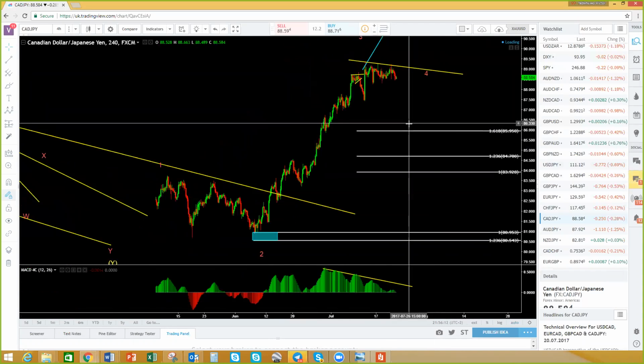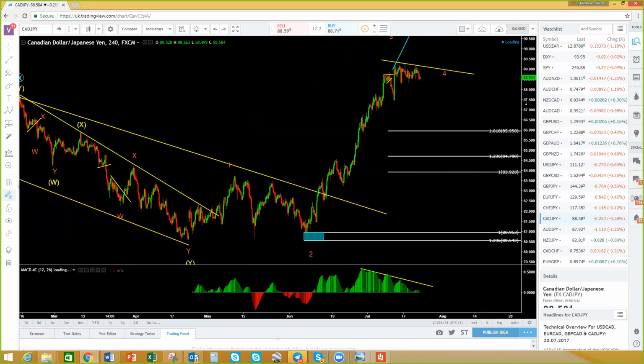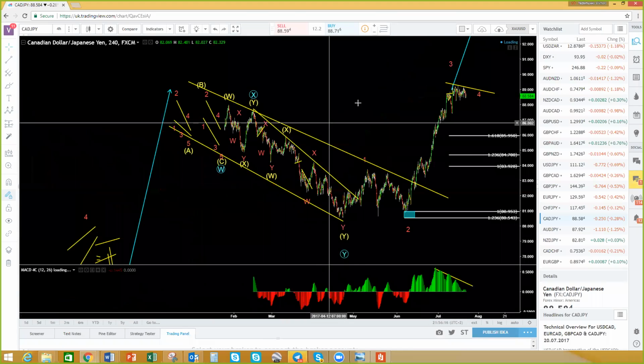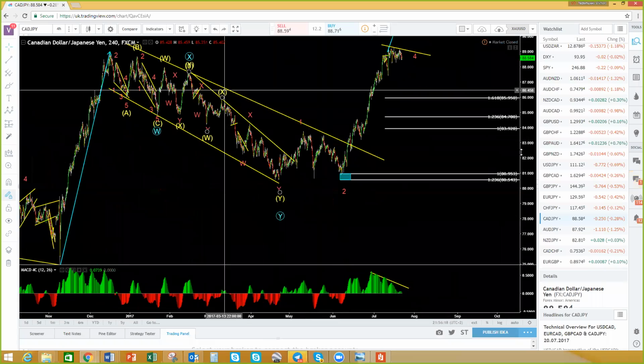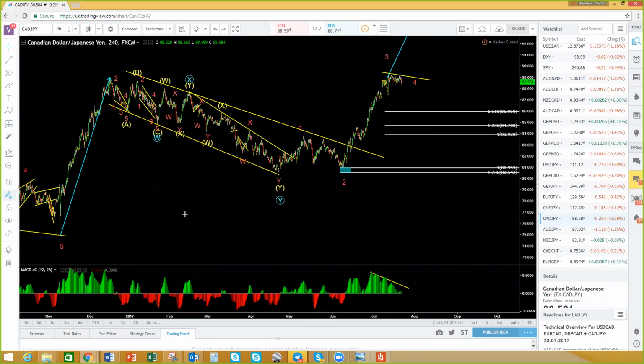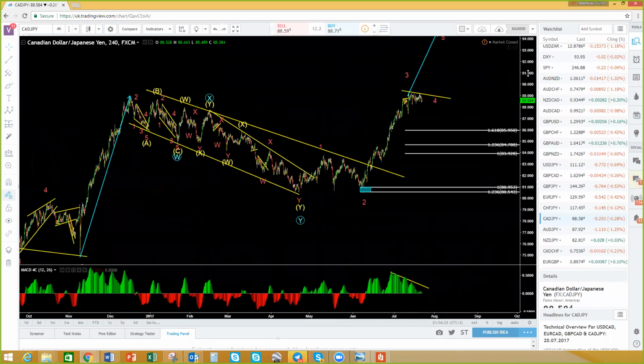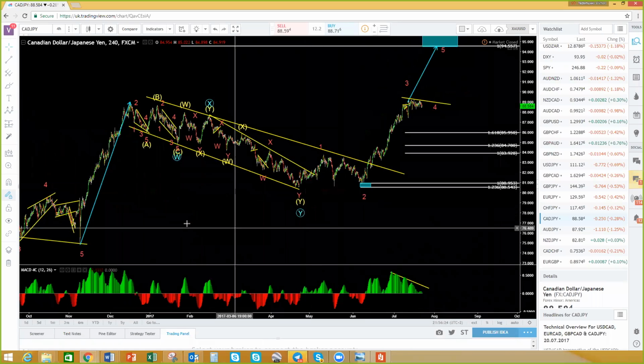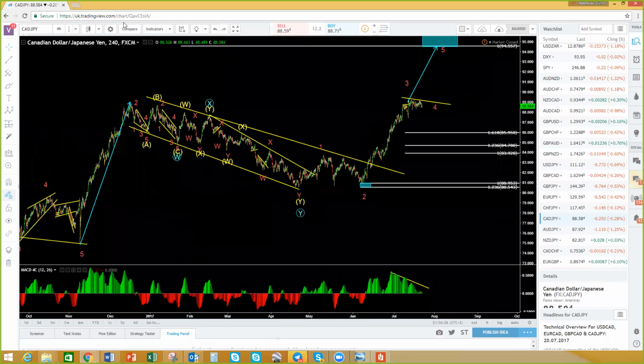Okay, CAD JPY is an interesting one. So CAD JPY also has a similar structure as, let me get a drawing tool, similar structure as GBP JPY.